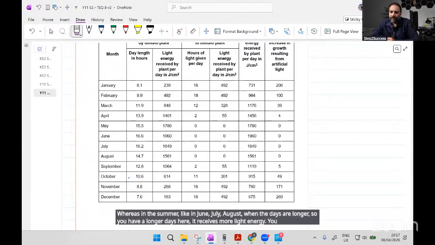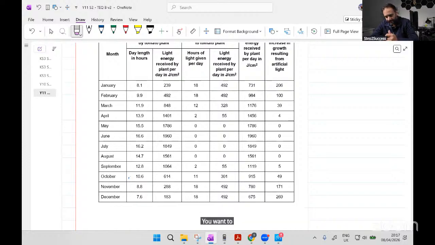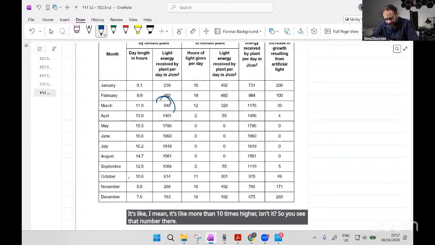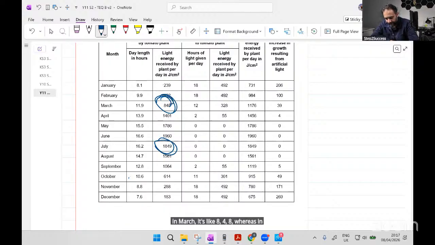You also probably want to put in some sort of numerical thing. So, for example, compared to the winter, it's more than 10 times higher, isn't it? So you see that number there. In March, it's 848, whereas in July, sorry, not 10 times that.